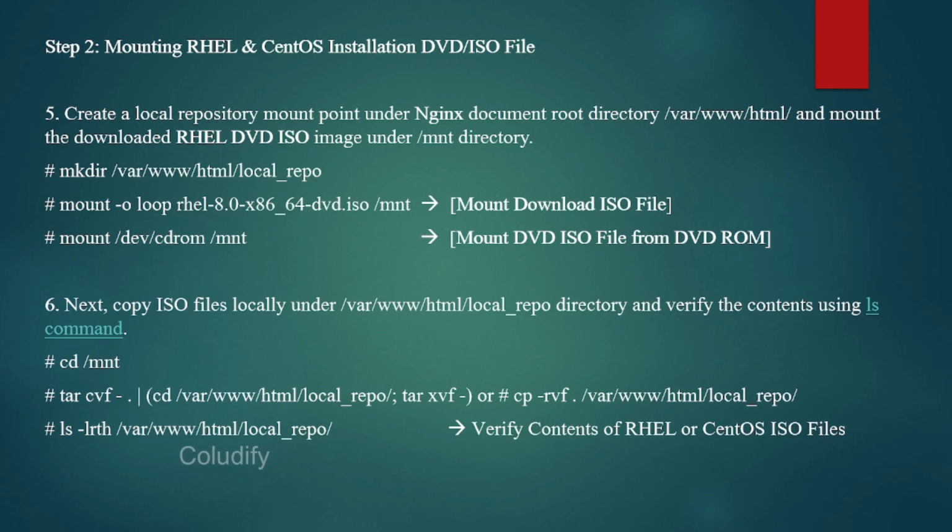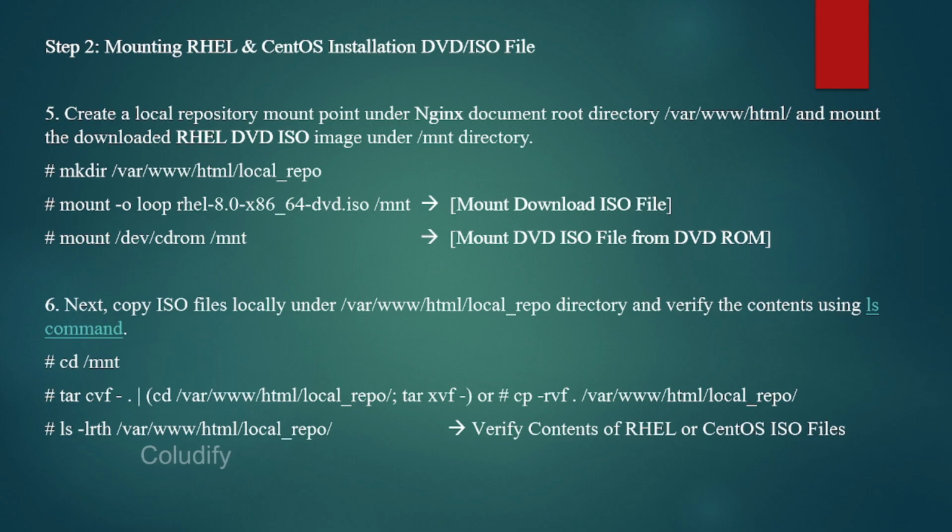To create that local repo, we have to copy our ISO file contents to our local directory under /var/www/html/local_repo. So we go to /mnt with the cd command, and once you are inside /mnt, we run cp -rvf ./* with our destination directory /var/www/html/local_repo.